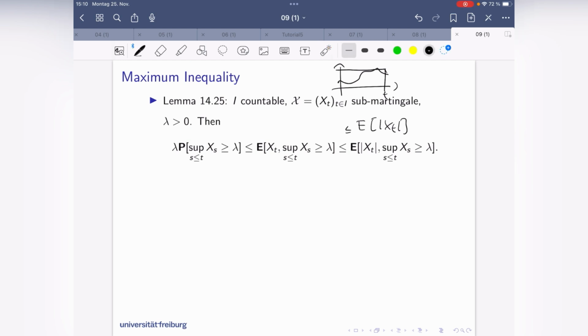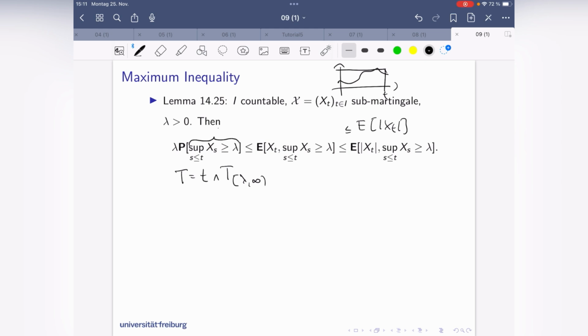Let's try to prove this using the optional sampling theorem. We set capital T, which is the minimum of t such that the entry of the stochastic process into the set lambda to infinity occurs, which means that the supremum here is bigger than lambda.